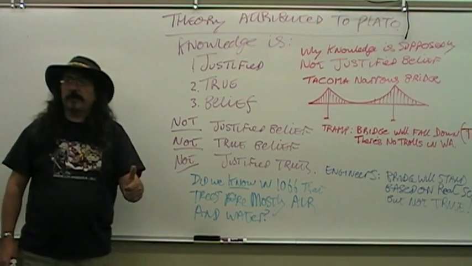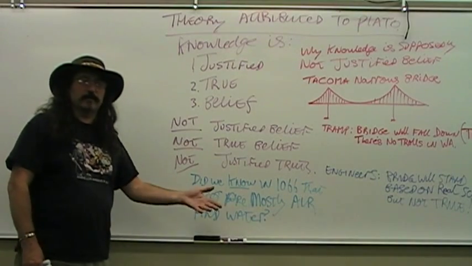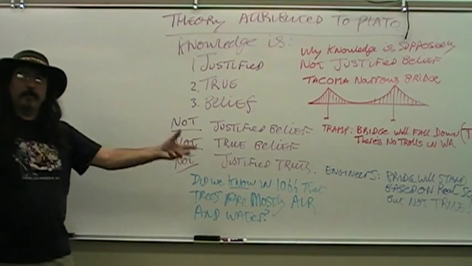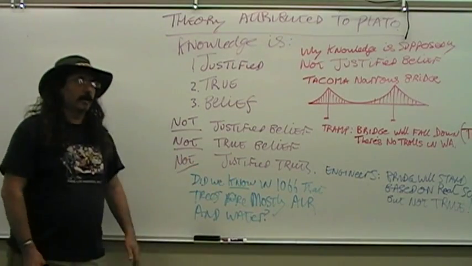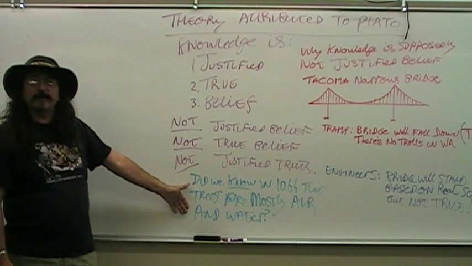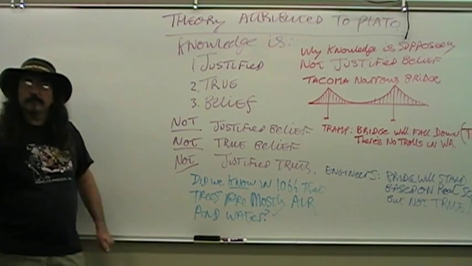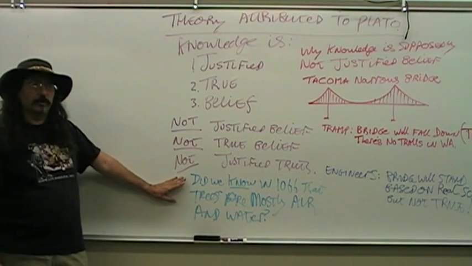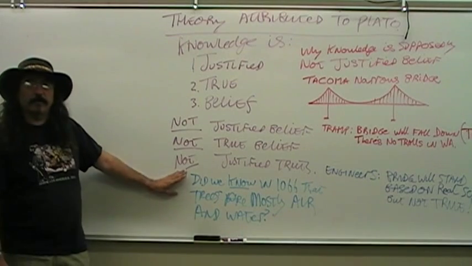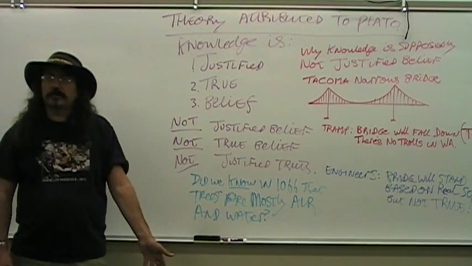So if someone had believed it, it would have been justified, but nobody did the experiment. Nobody did the observations, so nobody believed it. So it was true, and there's a justification for it, but it wasn't believed, so it's not knowledge.